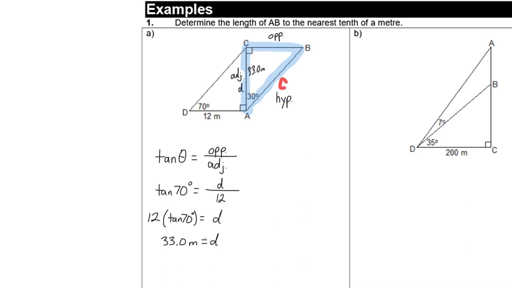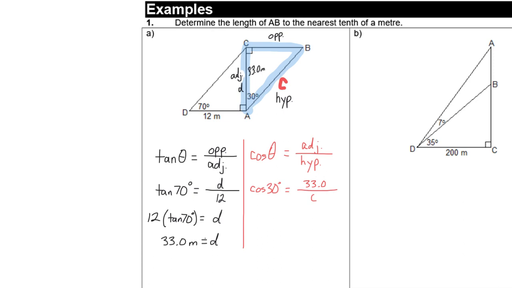So hypotenuse and adjacent both have to appear in my equation. So I need to decide, do I use sine, cosine, or tangent? Well, because I need to have adjacent and hypotenuse, I'm going to use the cosine ratio. So the cosine of 30 degrees is equal to adjacent, so 33, over hypotenuse, c.